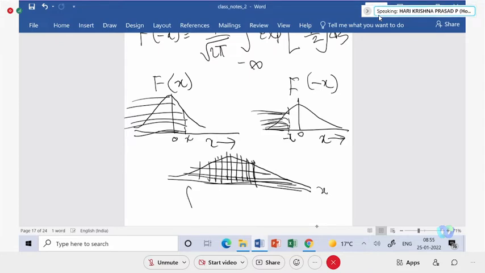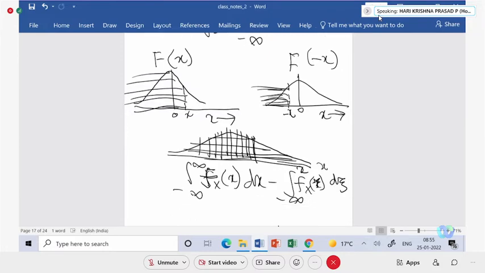So total area under the density function f_X of x, minus the area under the density function up to x.